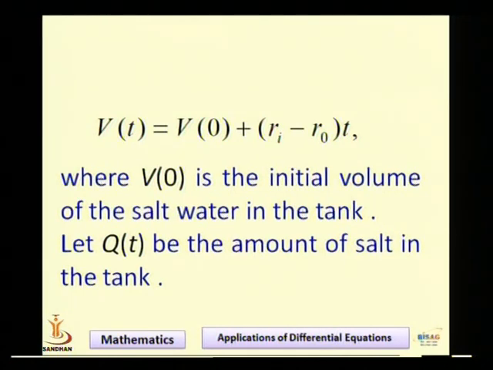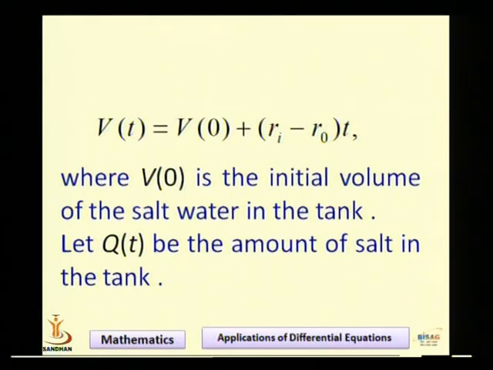Now, what is V naught? V naught is the initial volume of the salt water. Ri is the rate at which the solution is flowing into the tank, and R naught is the rate at which it is flowing out of the tank. So, Ri minus R naught is the difference of the rates.